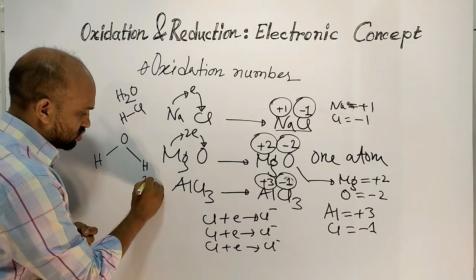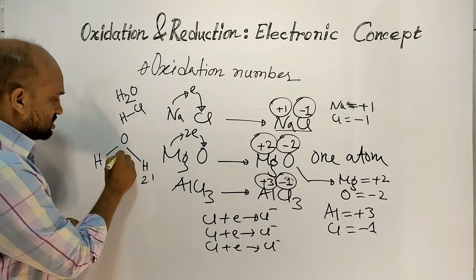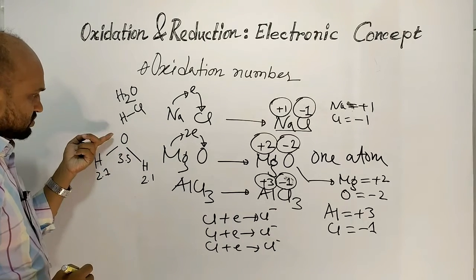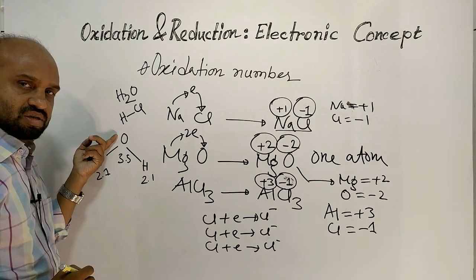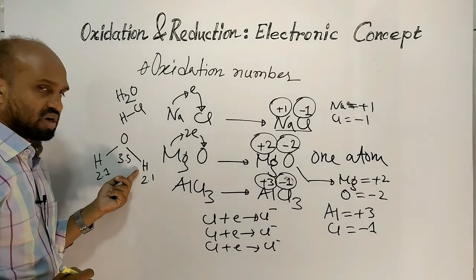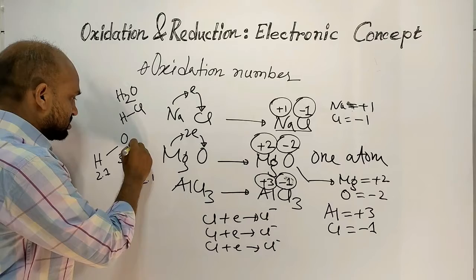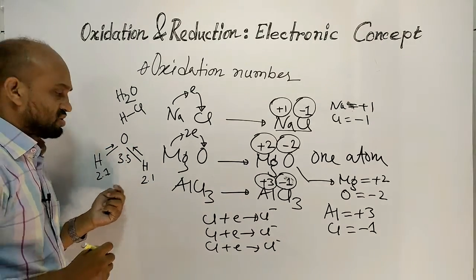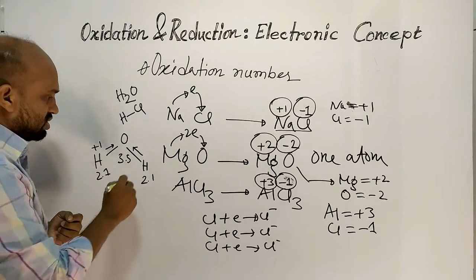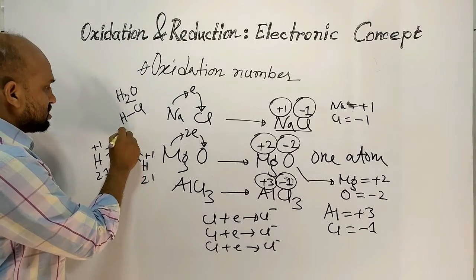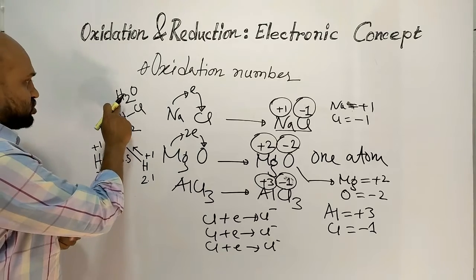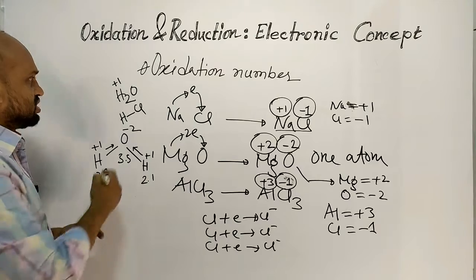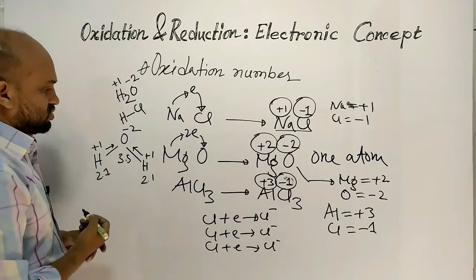Electronegativity of hydrogen is 2.1 and oxygen is 3.5. So oxygen gets negatively charged and hydrogen gets positively charged because electronegativity of oxygen is higher than hydrogen. So in a water molecule, oxidation number of hydrogen is +1 and oxygen is -2.